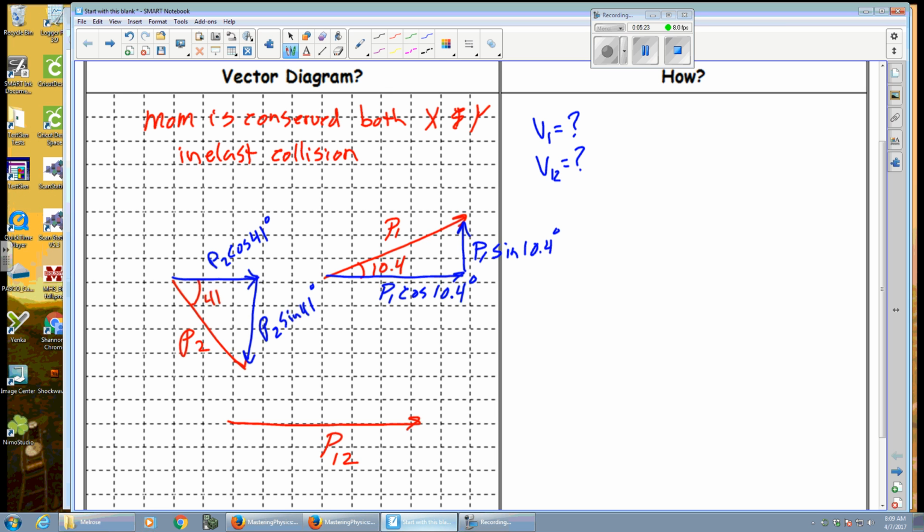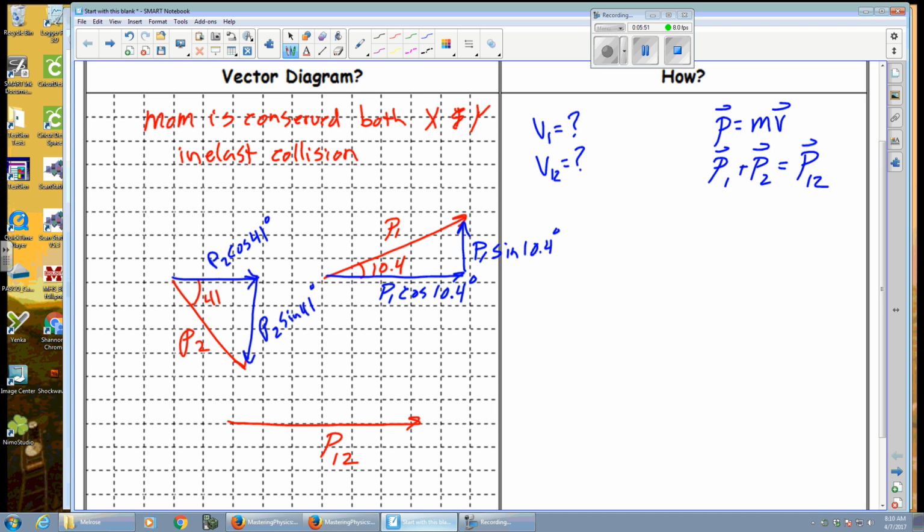Alright, so let's see, I need a physics equation. There we are. And I could even put that momentum 1 plus momentum 2 equals momentum 12, vectorially. Alright?